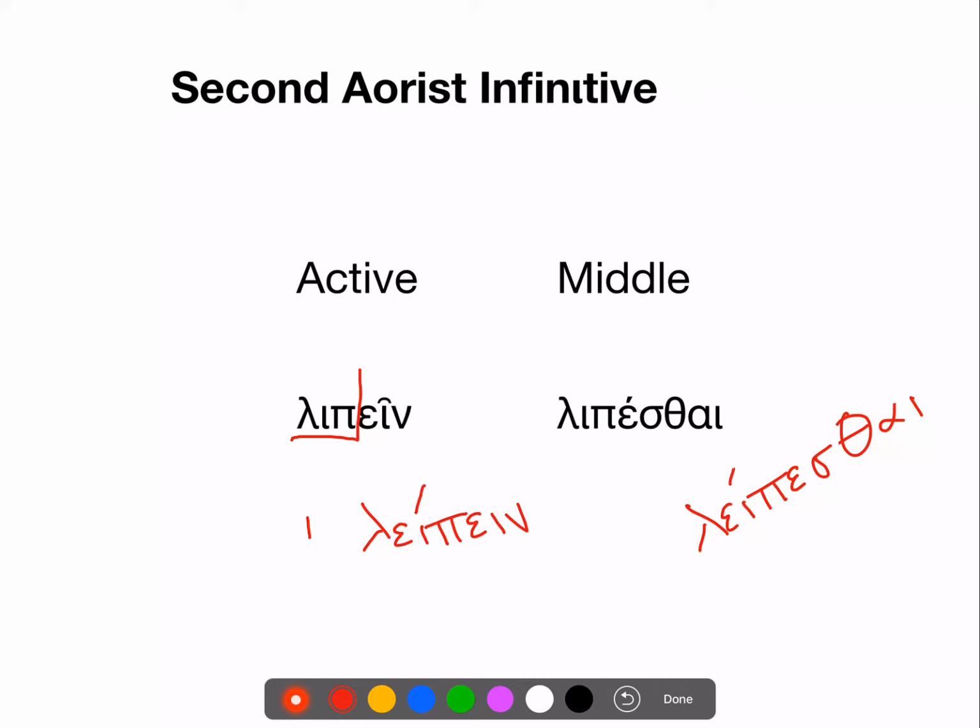It only has aspect. You add that same ending, but it's accented a little differently, okay? It's accented over the ultima there. So lipein, to be leaving, lipein, to leave, simple aspect. For the middle, it's that same esthai ending, but now accented on the penult. So leipesthai, to be being left, to be being abandoned. Lipesthai, to be abandoned, simple aspect.